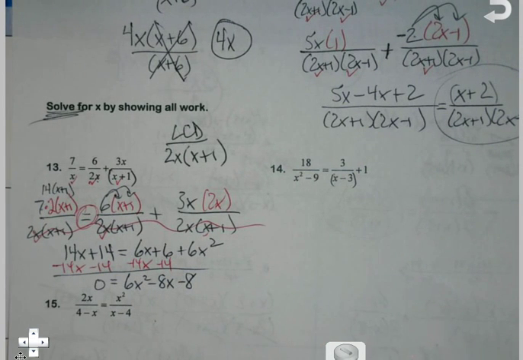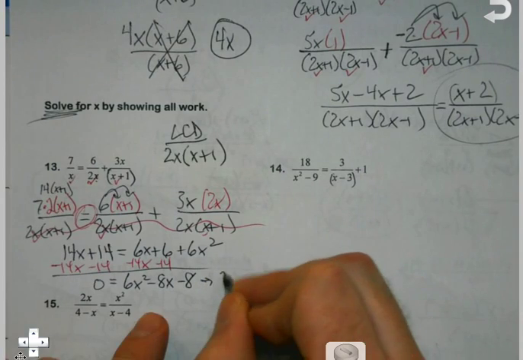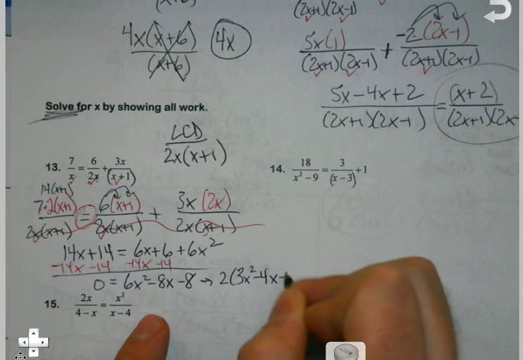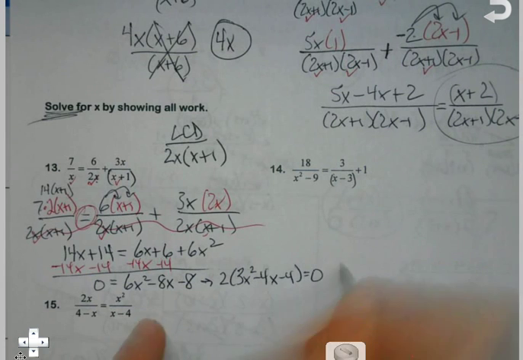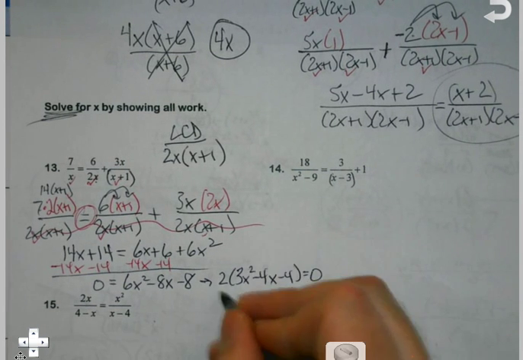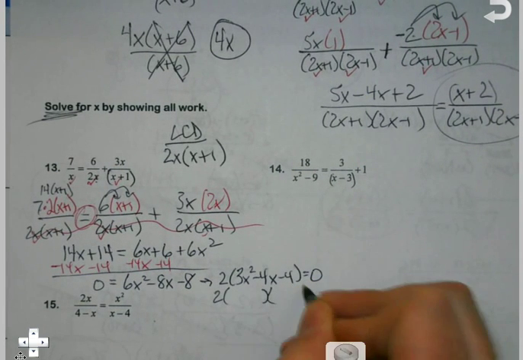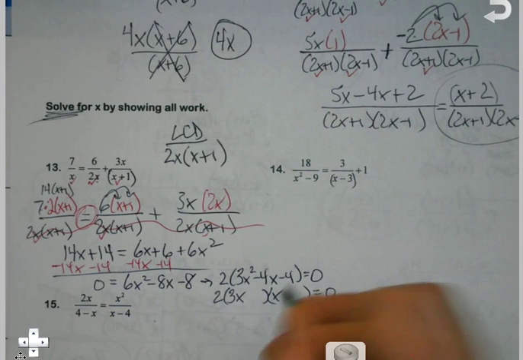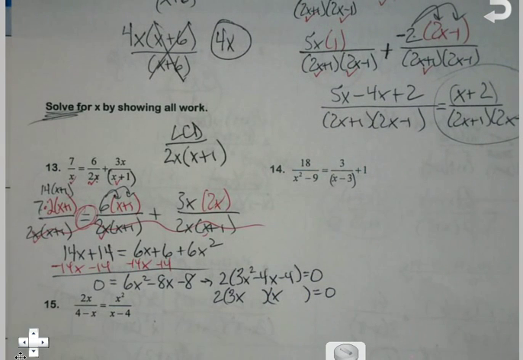Factor till you can't no more. Take out a 2. 3x squared minus 4x minus 4. Can I factor what's inside? What do you think the answer to that question is? Yeah. Sliding dividers, I'm not trying to short you here, but we have a time issue to play with.